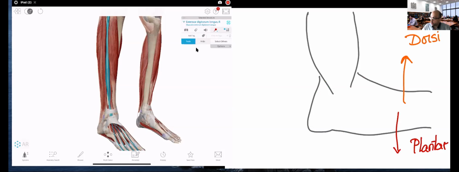But dorsiflexion is corresponding to what movement? It's corresponding to extension. But we don't call it extension. It is an extension, but we don't call it extension.